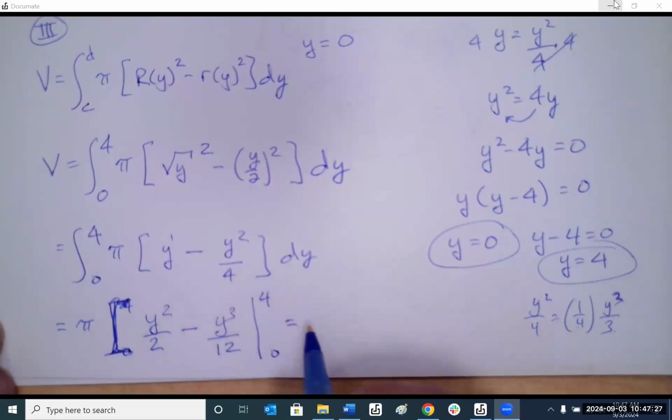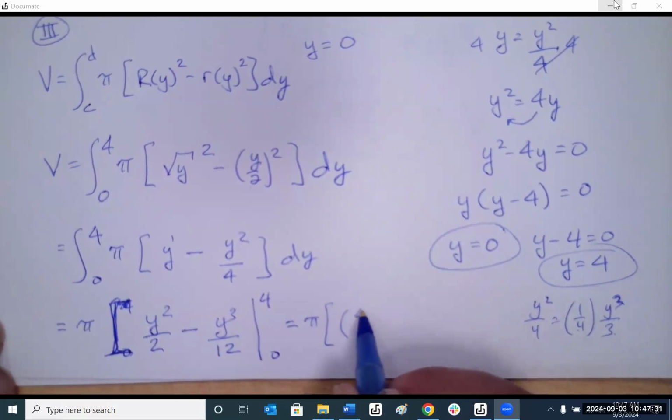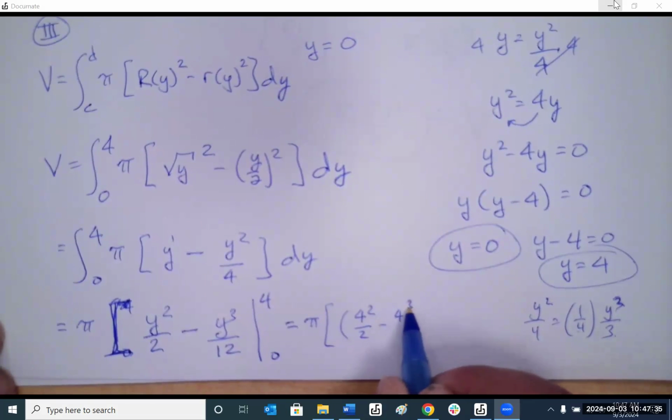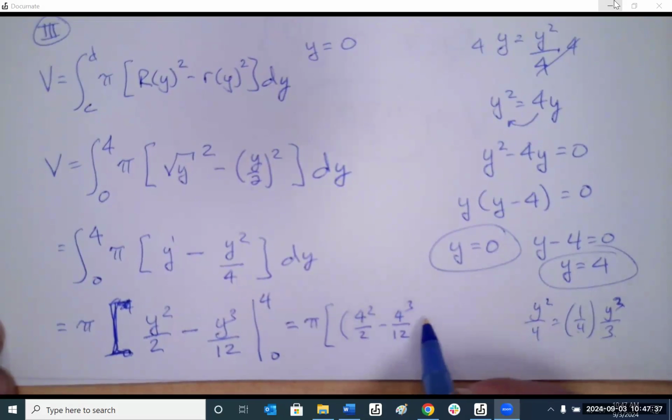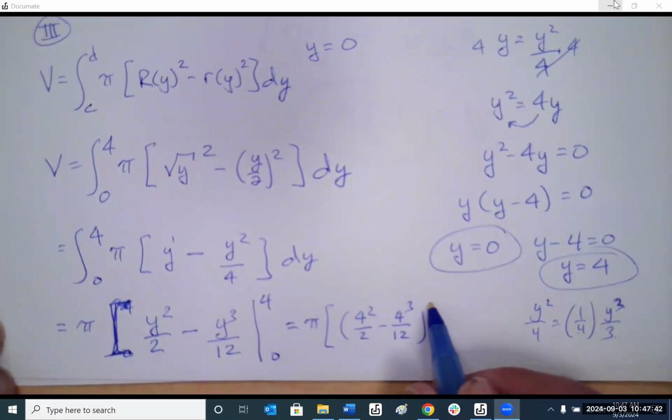This becomes 4 squared over 2, 4 cubed over 12, minus 0, so that doesn't matter.